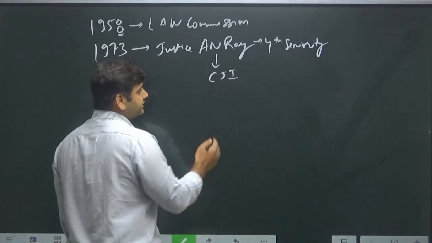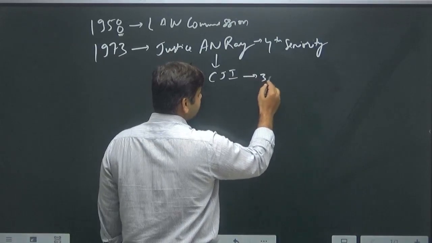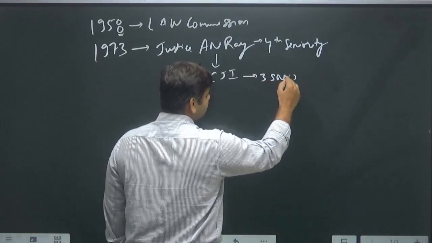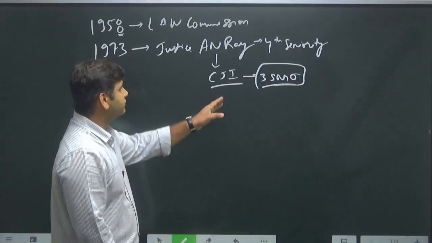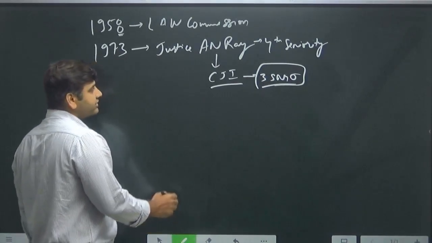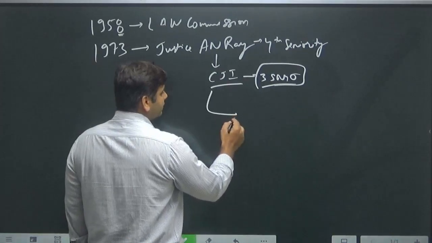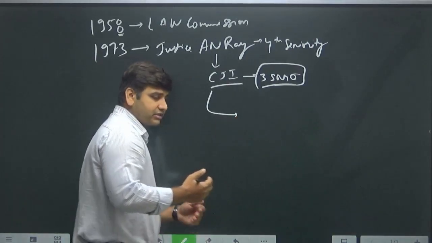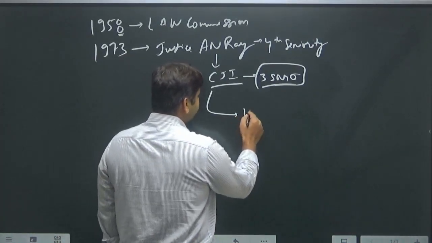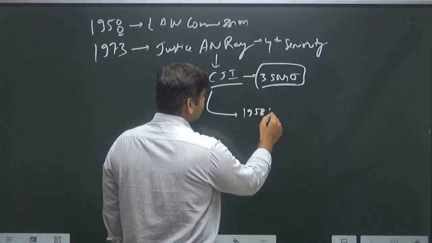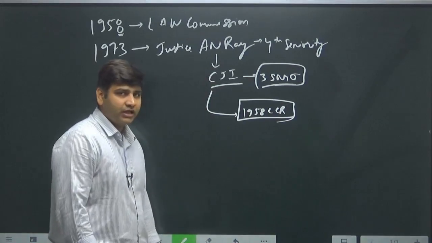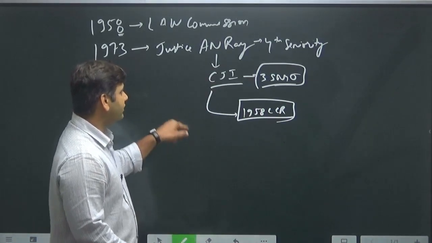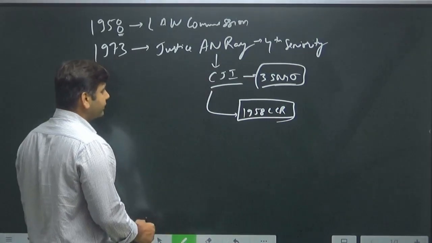He superseded three senior most judges of the Supreme Court and became the Chief Justice of India. Tradition was broken here. The government said they have just followed the report, they have accepted the recommendation of the 1958 Law Commission report, but nobody bought this. Everybody knew that it was a political appointment.